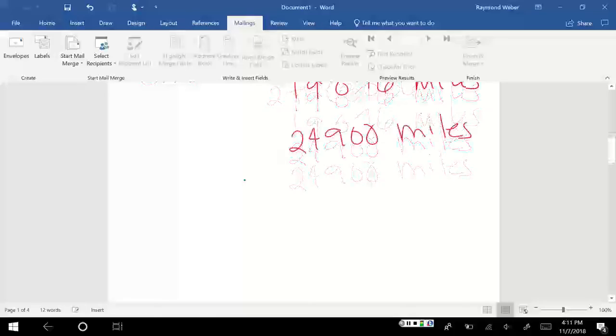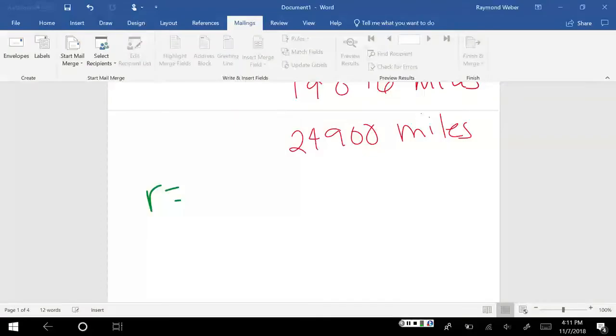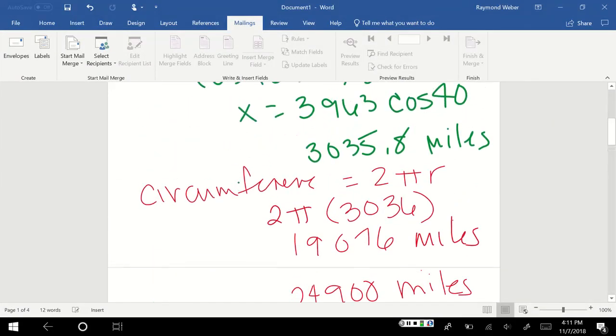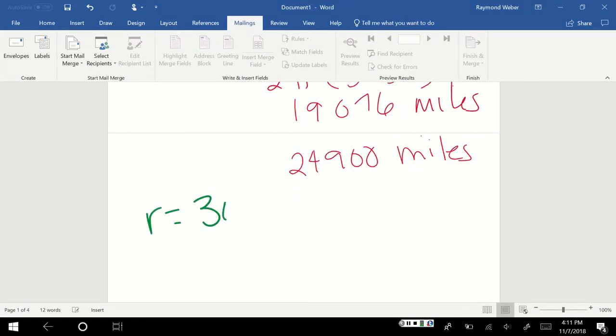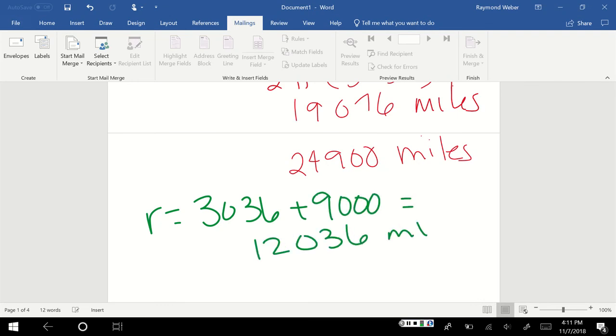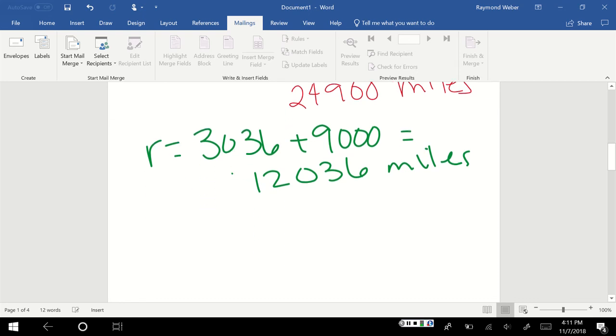So 3,036 plus 9,000 miles that I'm going up. So this is 12,036 miles, my new radius, okay? That's how far out that satellite is from the center of the Earth at 40 degrees north.